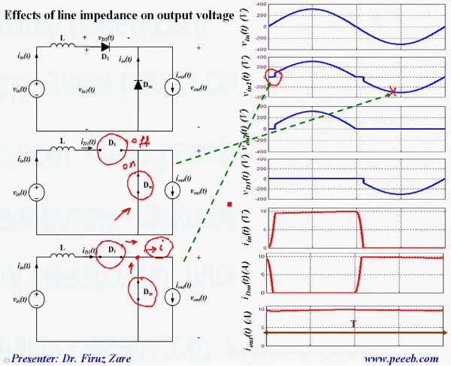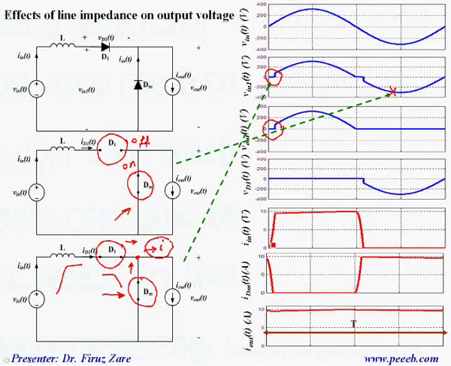So that means the output voltage is 0 because there is a short circuit. There is a short circuit because when we have positive voltage, the current through the inductor is increasing, while current through this diode is decreasing.